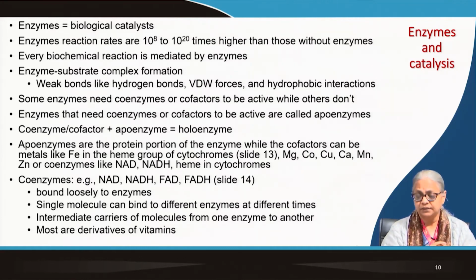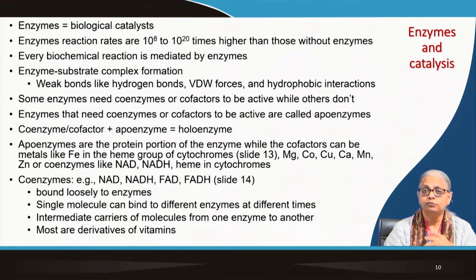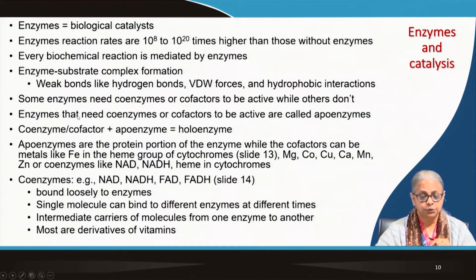So these apoenzymes can be the protein portion of the enzyme, and the cofactors can be metals, they can be other elements. So you have iron in the heme group, you have magnesium, cobalt, copper, calcium, manganese, zinc, and you have coenzymes like NAD, NADH, and the heme group in the cytochromes. These are all examples of the cofactors.